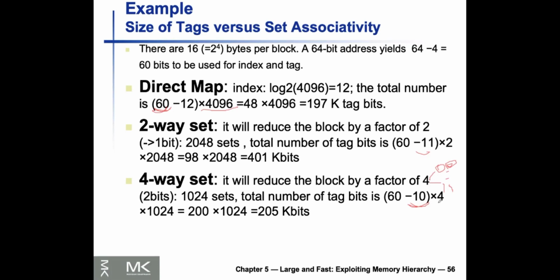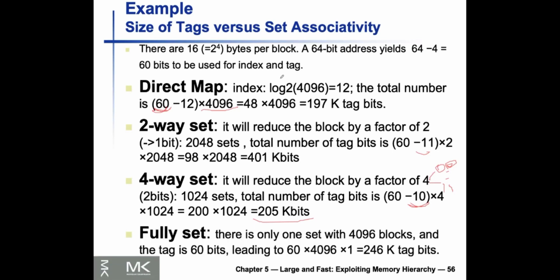Now if you multiply this, it's going to be 50 multiplied by 4096, which is 205 kilobits, right? So 4 multiplied by 1024 would be the same as 4096, or 2 multiplied by 2048. What changes here is the number of bits that we are exchanging between index and tags, okay?